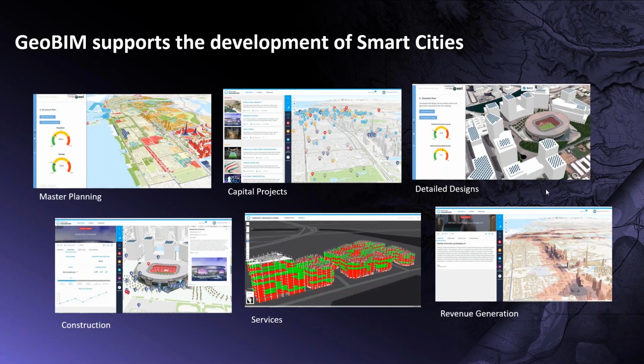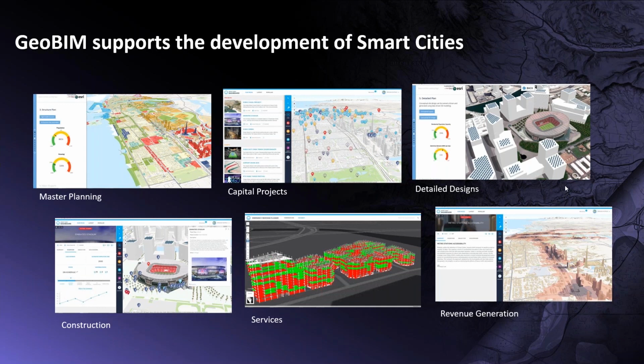It provides you a holistic view, hence allowing you to come up with sound and timely decisions regarding your projects. But aside from that, GeoBIM also supports and enables the development of smart cities and in turn smart nations by enabling master planning as well.